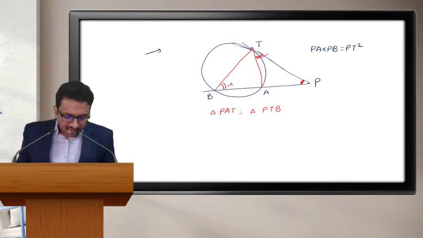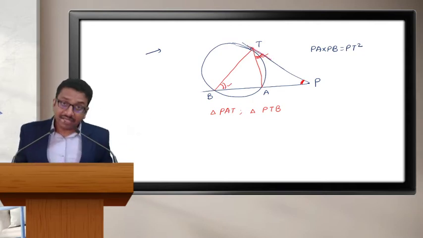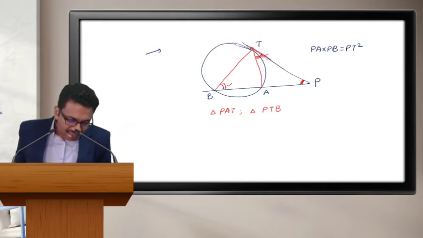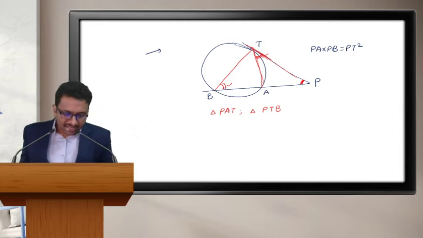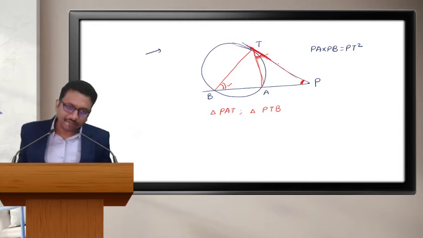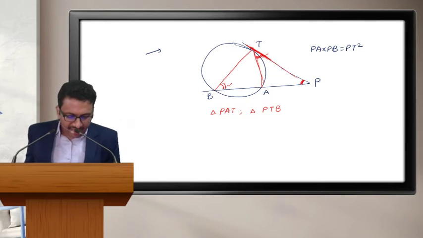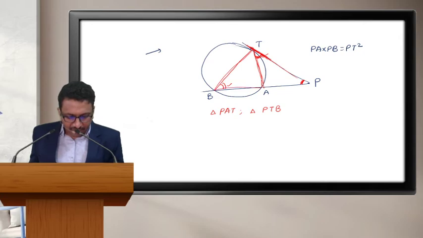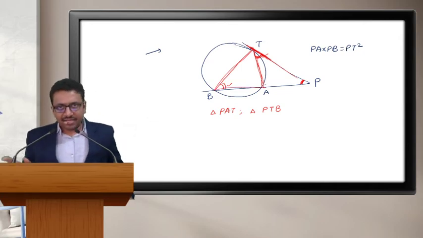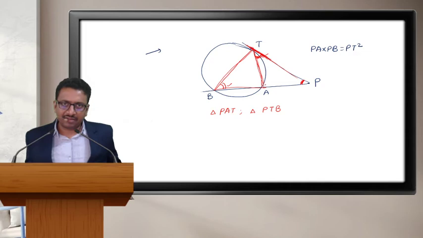The next theorem will be the angle between the tangent and a chord. PT is a tangent, right? Yes or no? Yes, sir. The angle between the tangent and a chord will be equal to the angle in the alternate segment. That is the theorem which we are going to prove in the next theorem. Okay?